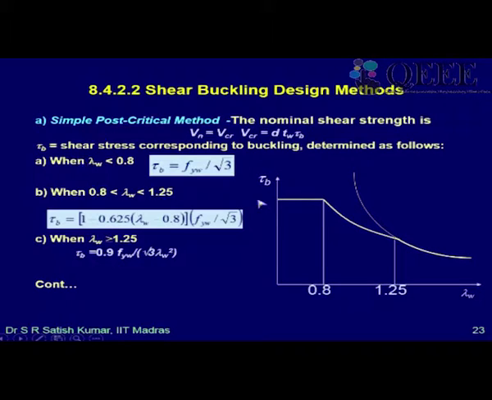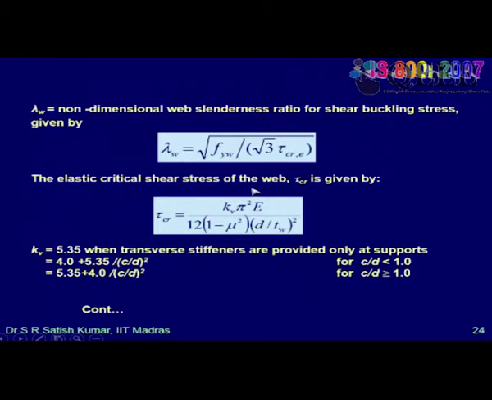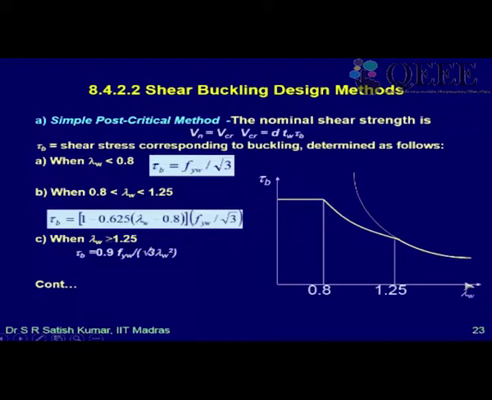Now tau b is again a function of the slenderness of the plate, and by slenderness here we mean d by tw of the plate. So lambda w is given as the square root of fy by √3 tau critical, where tau critical is inversely proportional to the square of d by tw. So if d by tw increases, lambda w will increase, and if lambda w increases, tau b will decrease.